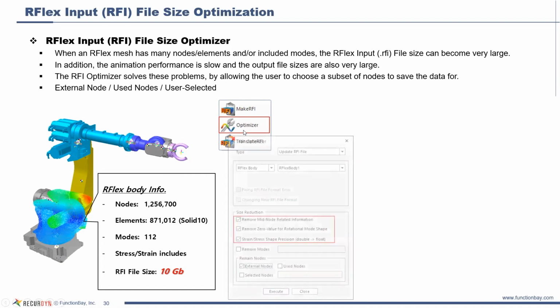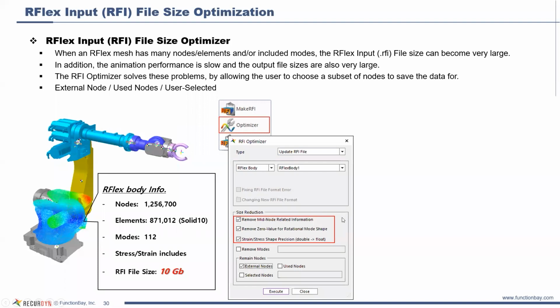But if you use the optimizer, you can select a subset. There are different options to reduce the file size by excluding certain information that might not be necessary. And then there's also choosing a subset of nodes that you want the data saved for.